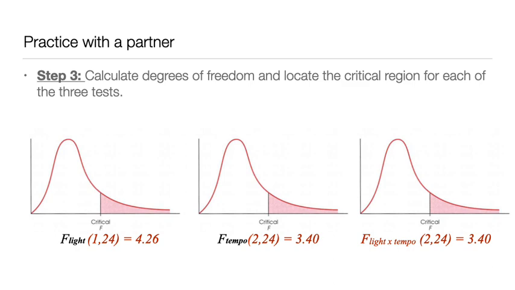Again, if we don't give you an alpha level, you always assume that it's 0.05. So for light, that would be F(1, 24) equal to 4.26, F critical. For tempo and interaction, because they have the same degrees of freedom, that value will be 3.40.